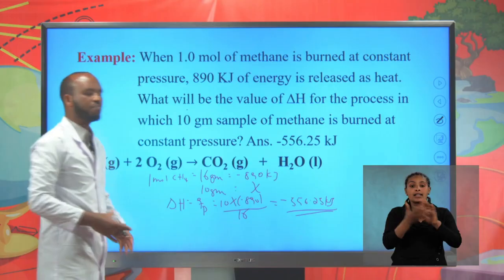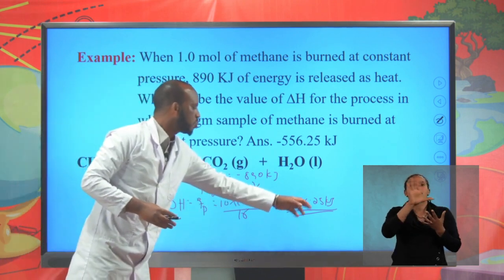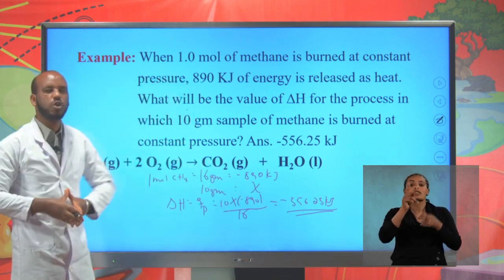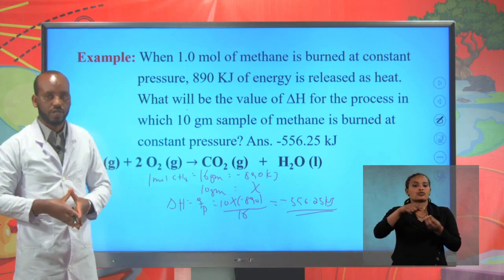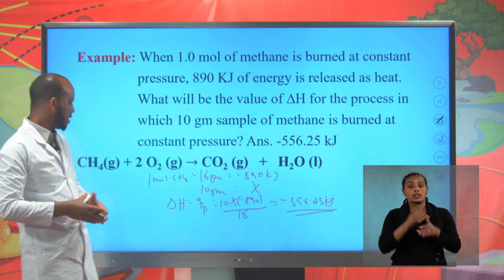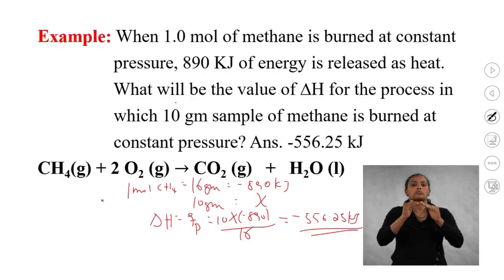When 10 gram of methane is burned, 556.25 kilojoule of energy is released to the surrounding. Therefore, enthalpy change equals heat released by the system at constant pressure.